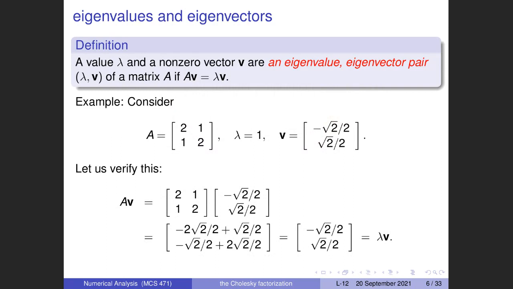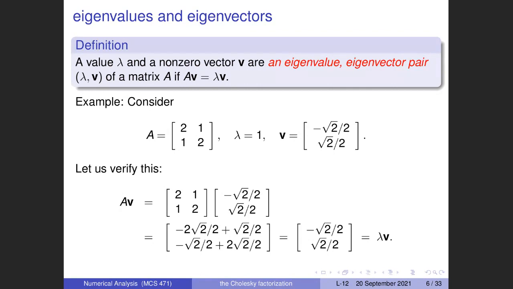If you look at any direction, some directions are more special than others. The very special directions are the eigenvectors. Every matrix has eigenvalue and eigenvector pairs. Actually, any matrix of dimension n has n eigenvalue, eigenvector pairs in general.